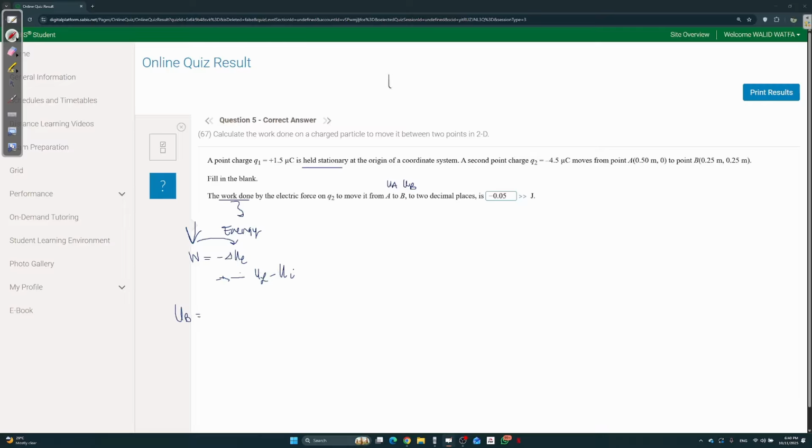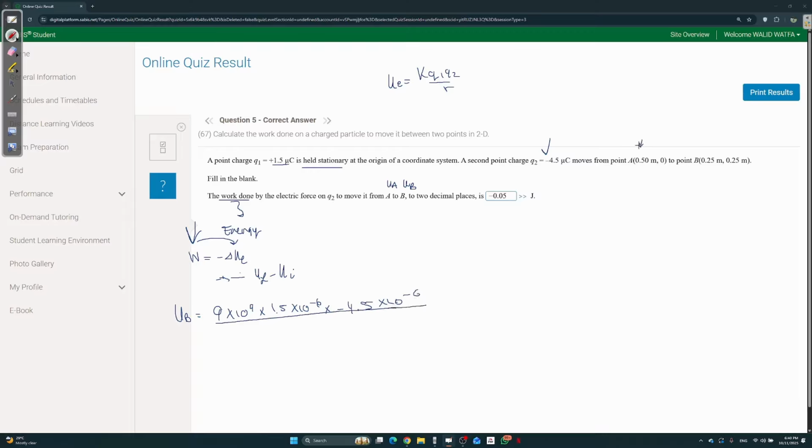Remember that U electric as a result of 2 points is K Q1 Q2 over R. So UB will be K, 9 times 10 to the 9, Q1, which is 1.5 times 10 to the minus 6, Q2, which is negative 4.5 times 10 to the minus 6, all over the first r.